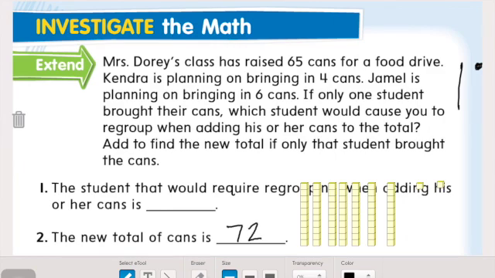Okay, and that says the student that would require regrouping his or her cans is Jamel, because we had 5 1s, we added 6, and that equals 11, which is more than 10.